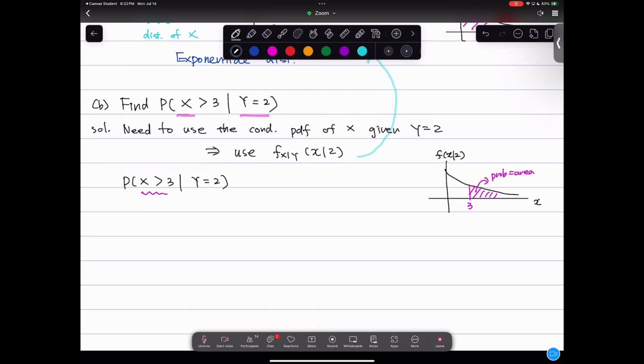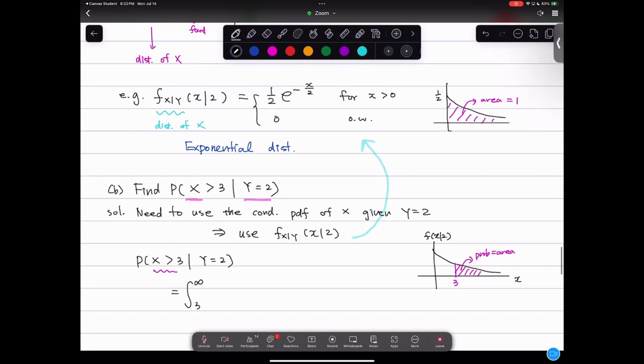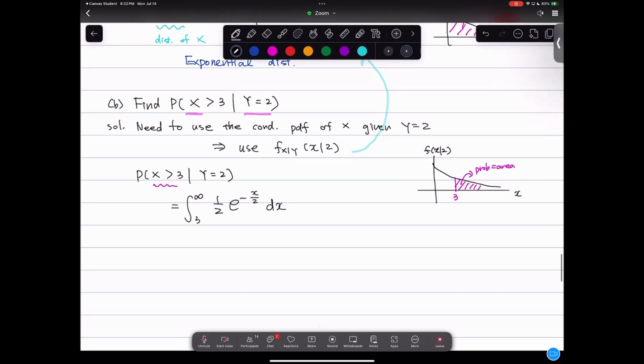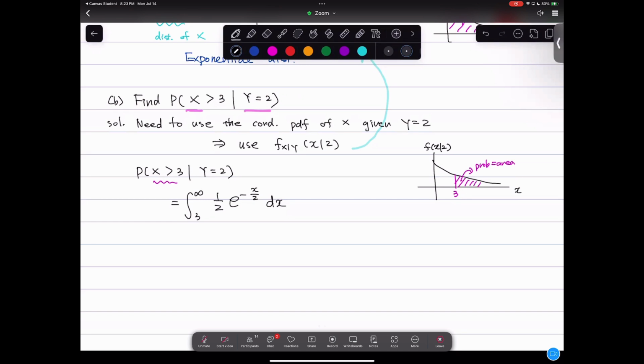I have to integrate my conditional PDF from 3 to infinity of that function, which is 1/2 e to the power of negative x over 2 dx. I'll let you do it. This is going to be e to the power of negative 3 over 2.